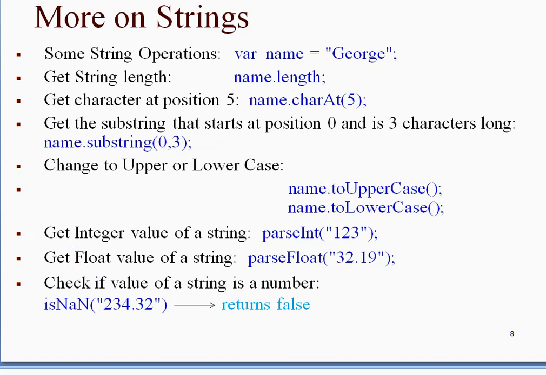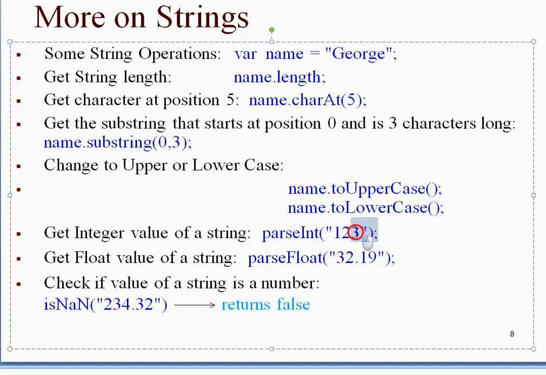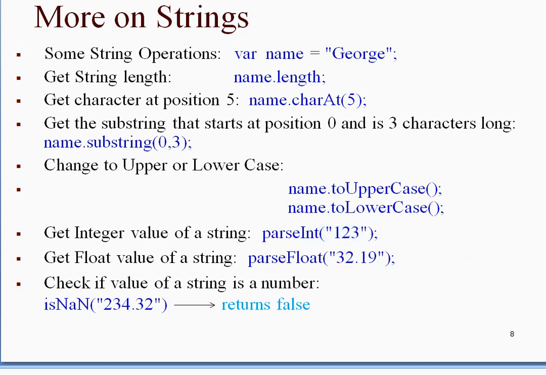You can get an integer value of a variable that has been declared as a string and parse it as an integer. In this case, the string 123, you see it's given over here as a string, enclosed in quotes, is called to be parsed as an integer.